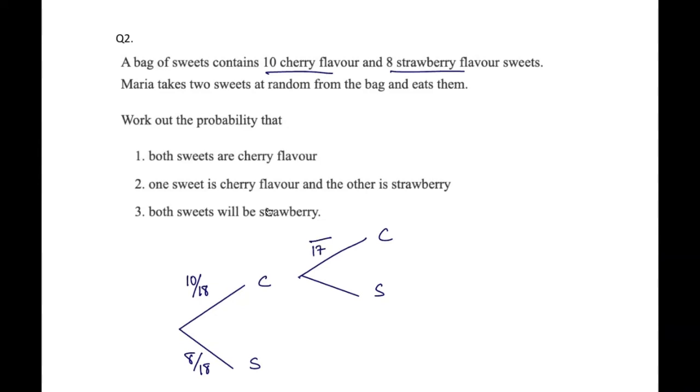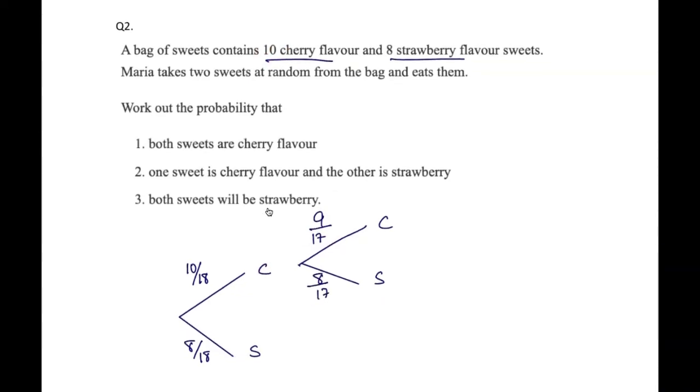Good. And out of these 17, one cherry has been taken. So out of 10, one cherry is gone, so 9 are going to be left. And out of 17 in the bag, there are going to be 8 strawberry flavor sweets.